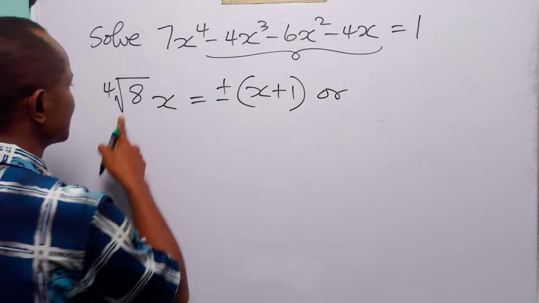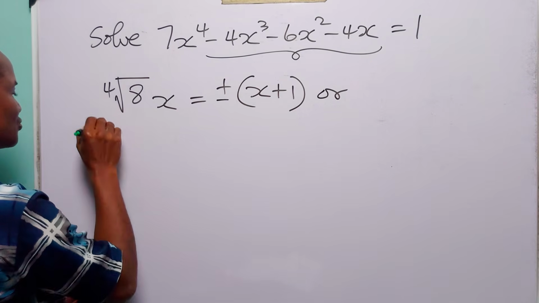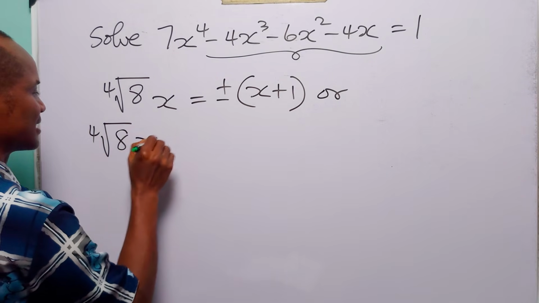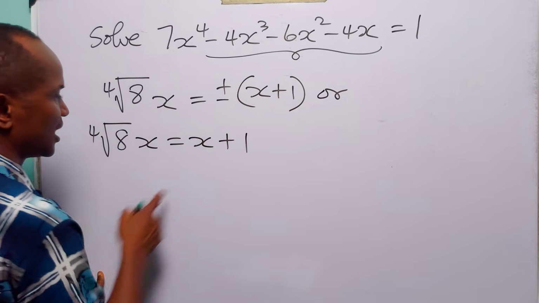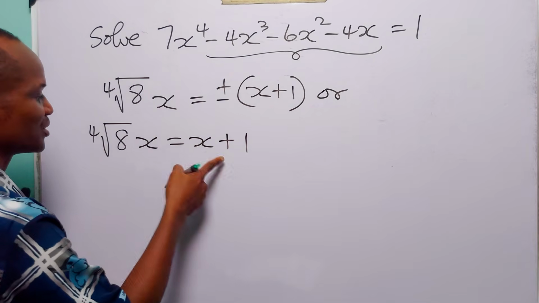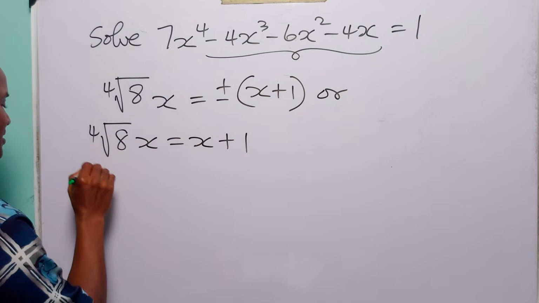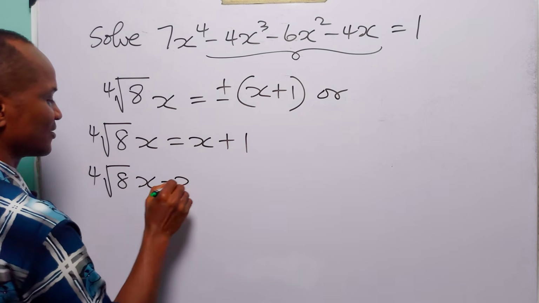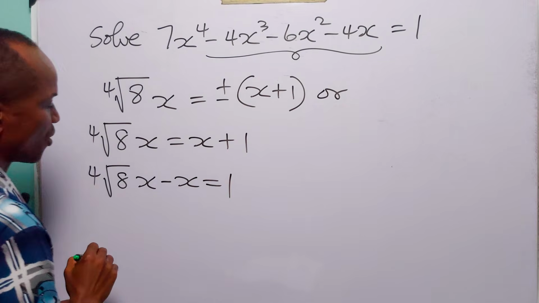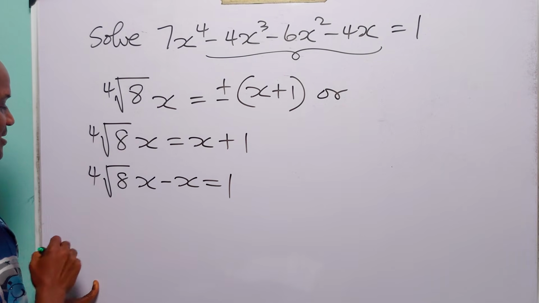Now, in the first case, we have that the fourth root of 8 times x is equal to x + 1. Subtracting x from both sides of this equation, we have that the fourth root of 8 times x minus x is equal to 1. We can factorize this.